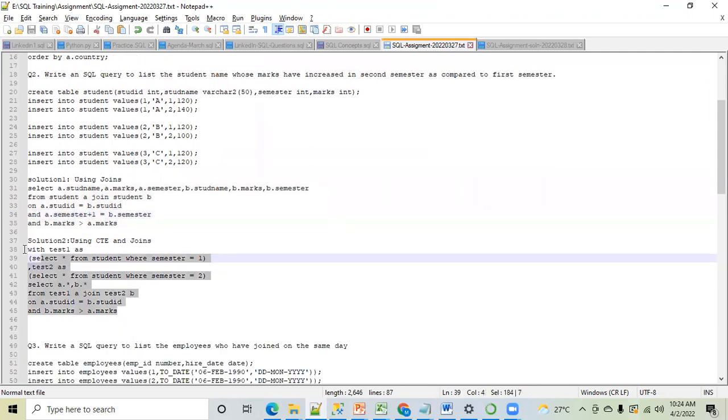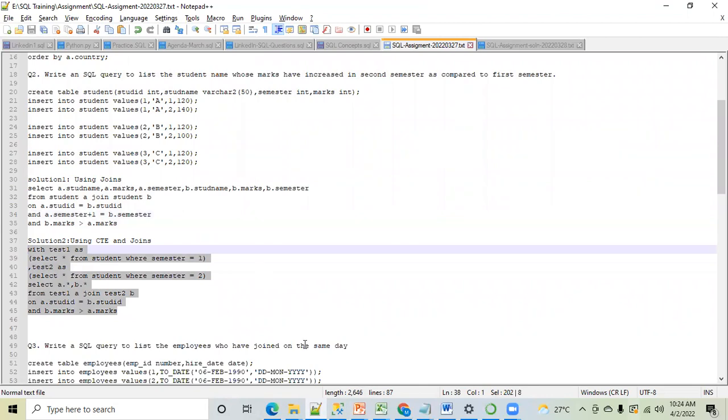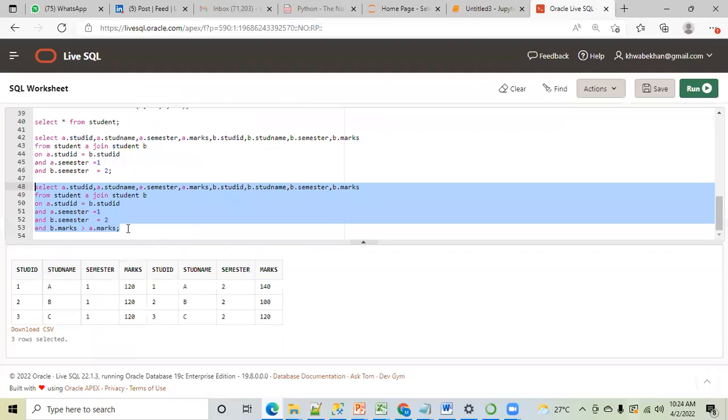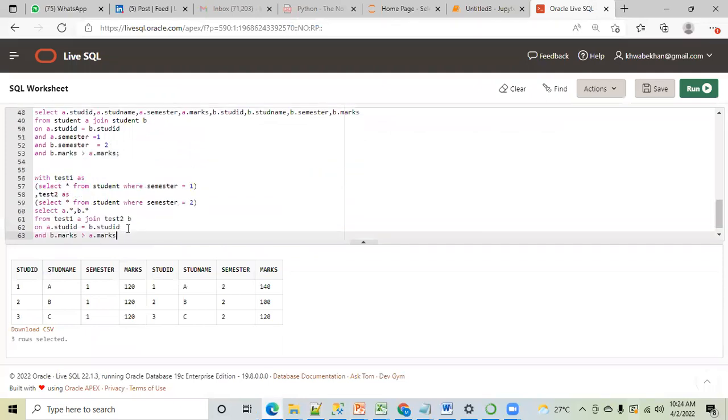I have solved this using a CTE expression as well. I will explain what that is all about. Before telling you the solution with the help of CTE, is the concept clear? I hope this is clear. Yes, sir.